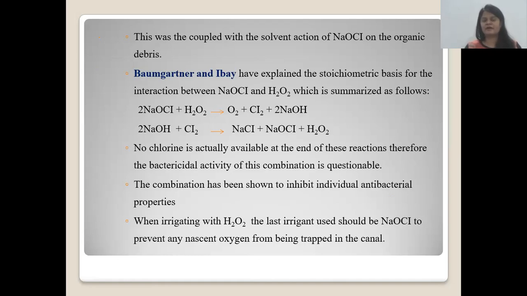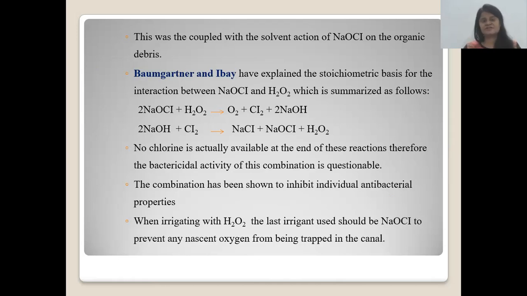Baumgartner and Ibay have explained that the stoichiometric basis for the interaction of sodium hypochlorite and hydrogen peroxide is summarized as follows. Sodium hypochlorite plus hydrogen peroxide provides water plus chlorine plus sodium hydroxide. This sodium hydroxide again reacts in the presence of chlorine, leading to the release of sodium chloride, sodium hypochlorite, and hydrogen peroxide.